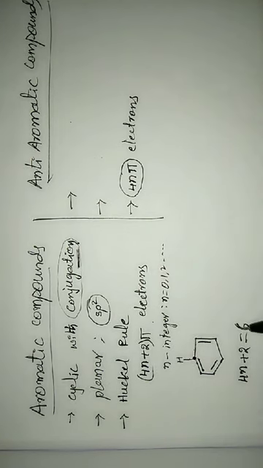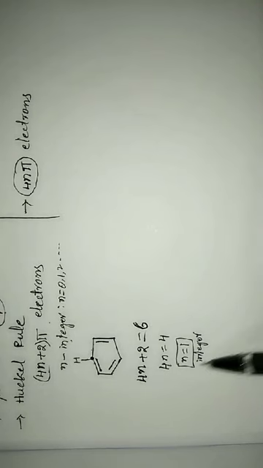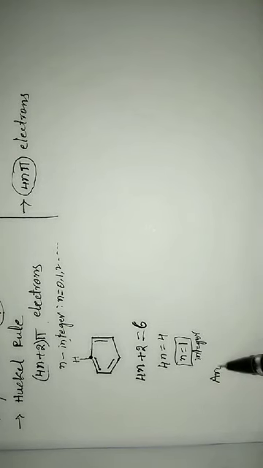Benzene contains 6 pi electrons, so 4n plus 2 equals 6, giving n equals 1, which is an integer. Because of that, benzene follows Huckel rule and satisfies all three conditions. Benzene is an aromatic compound.